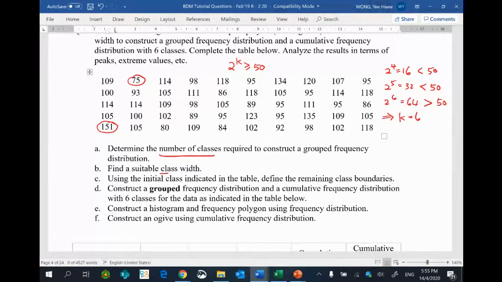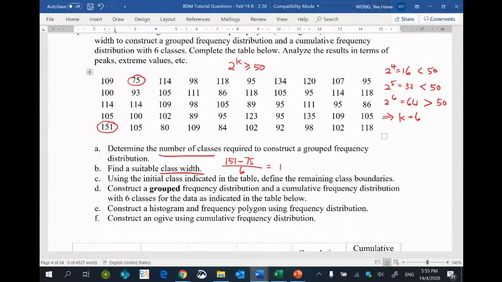And what is a suitable class width? The biggest number minus the smallest number, divided by 6 classes. So how much do you have? 151 minus 75 and you divide by 6.